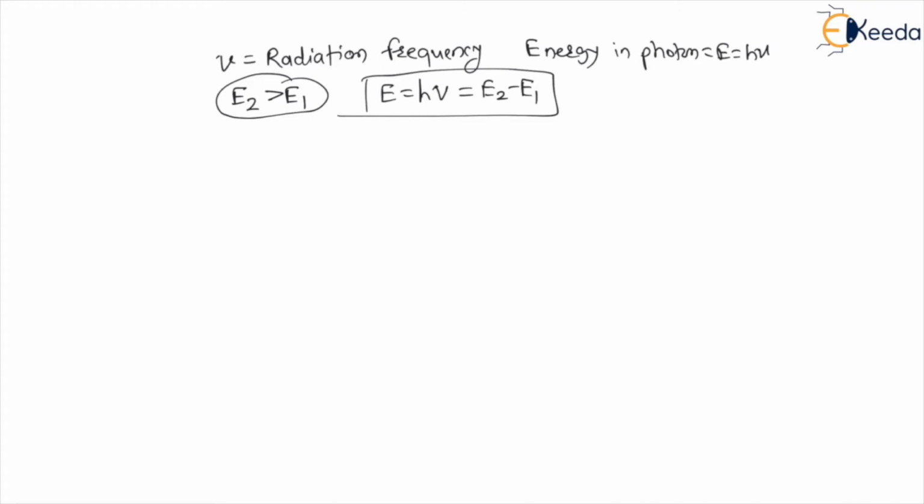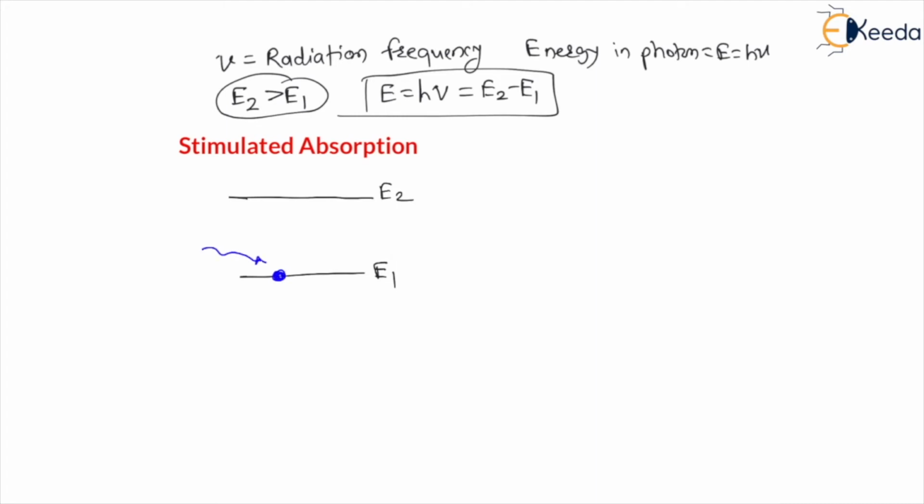So first write down the heading: stimulated absorption. Now my dear students, in this stimulated absorption, let us say E2 is a higher energy level and E1 is the lower energy level, and in E1 there is one electron.